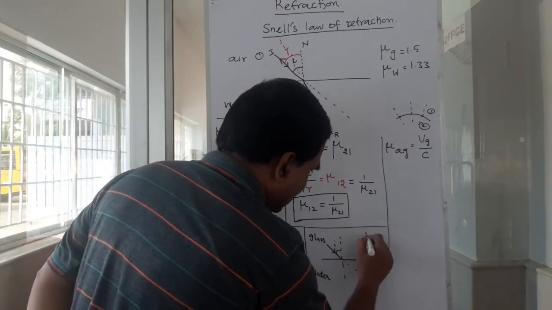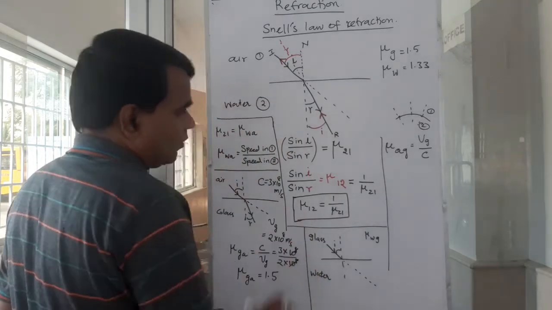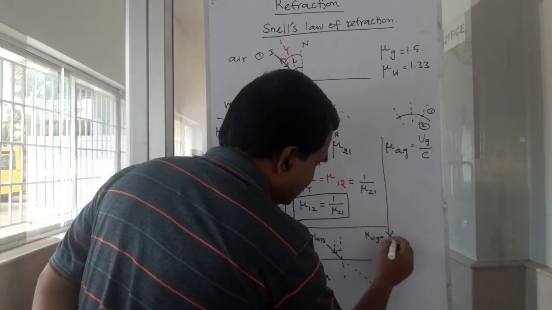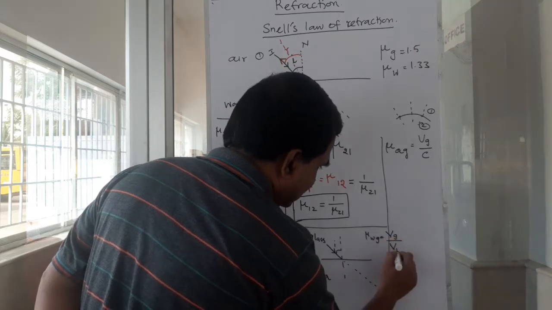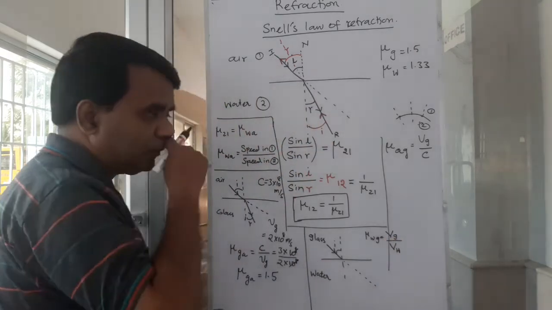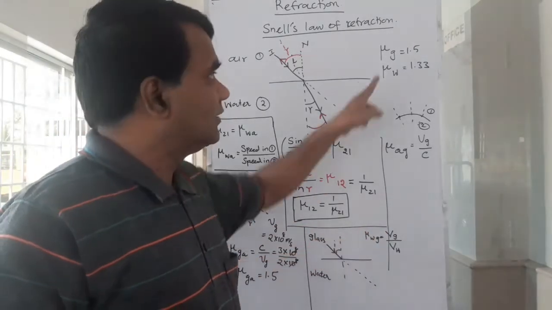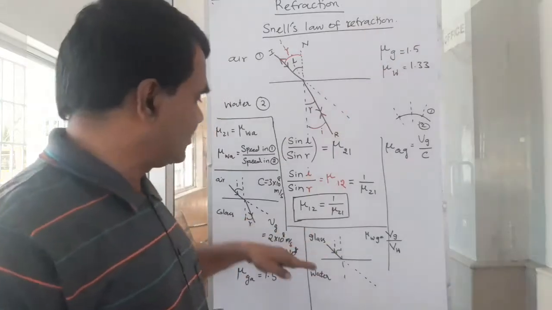The refractive index of water with respect to glass, 2 by 1, is equal to speed in glass divided by speed in water. Speed in glass must be slower than speed in water, and that is why you got a bigger number from this.